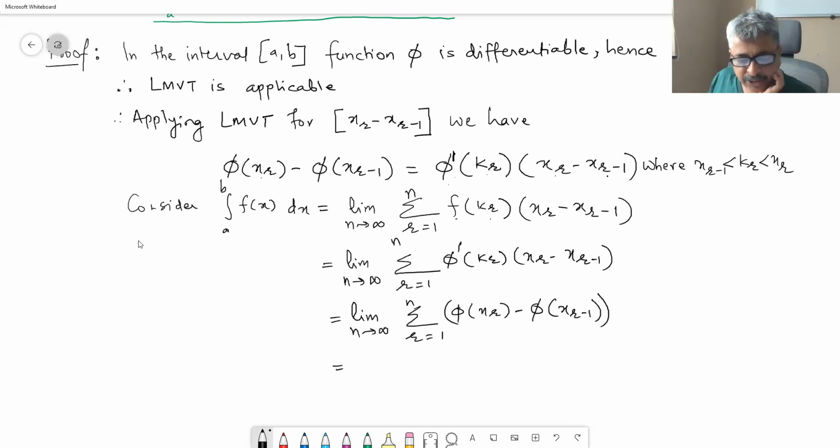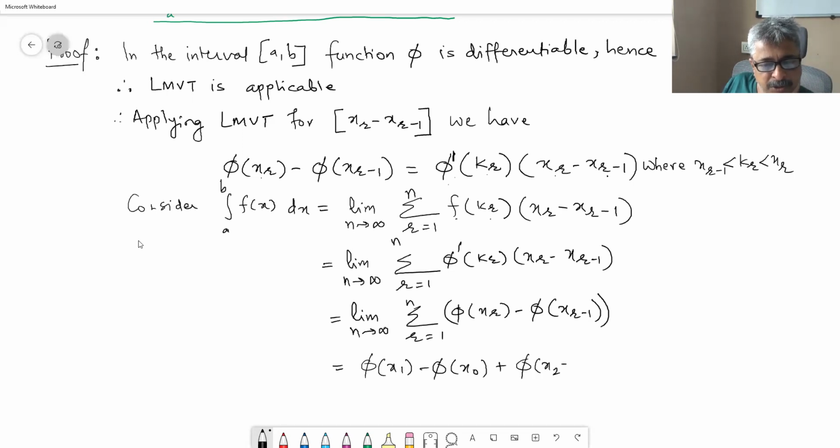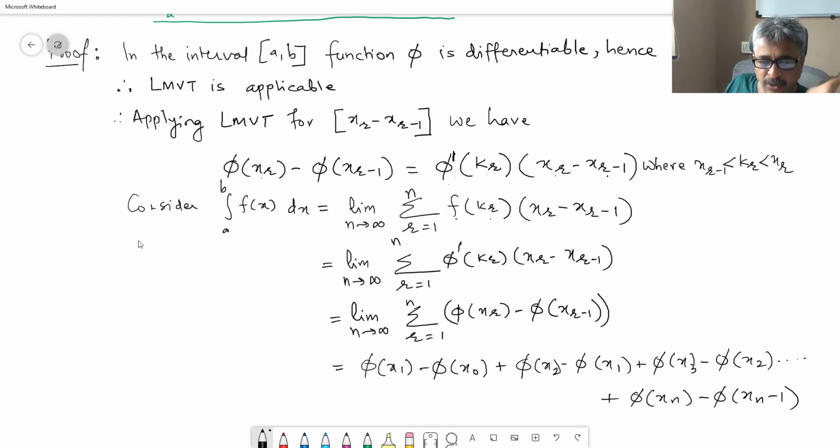So as n tends to infinity, what we can write here is phi of x1 minus phi of x0 plus phi of x2 minus phi of x1 plus phi of x3 minus phi of x2, and so on. The last term will be plus phi of xn minus phi of xn minus 1, and n is tending to infinity.